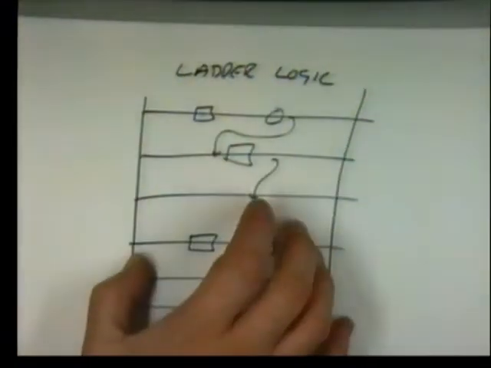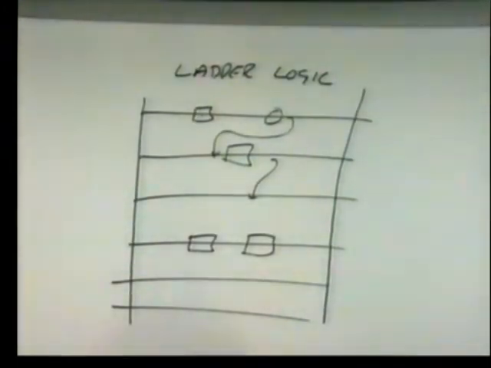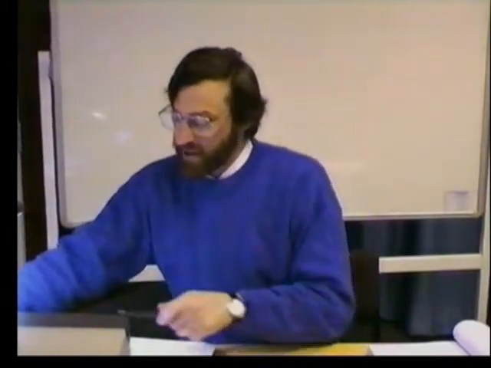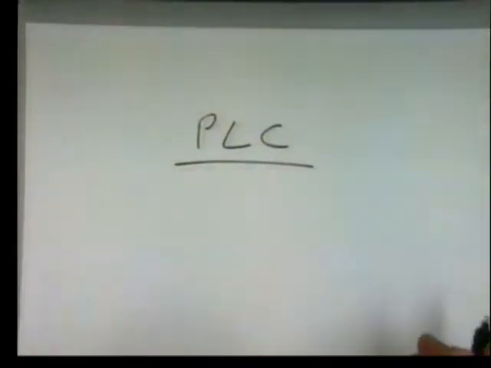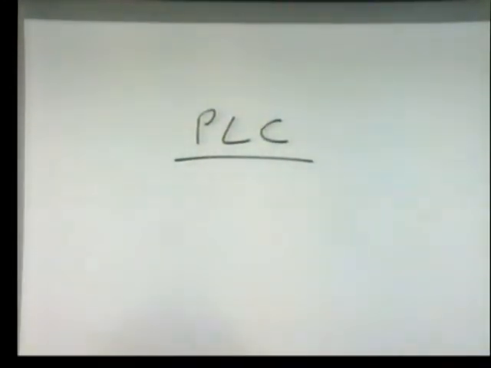So what was born out of a mixture of this strange ladder logic concept and the birth of modern computing was the Programmable Logic Controller, the PLC. And what a PLC is, Programmable Logic Controller, is a computer that is full of logical switches, relays, solenoids, motors, whatever.